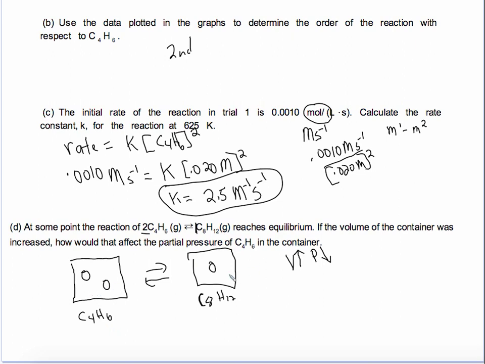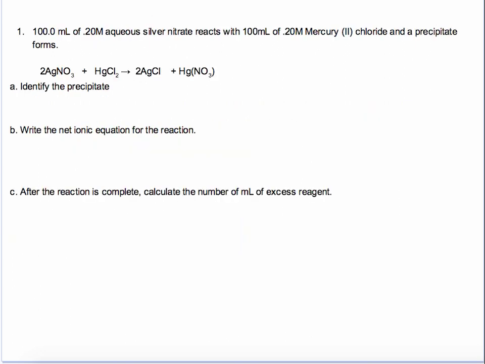Well, what causes more pressure? 2 moles of gas hitting the side of a container or 1 mole of gas? The answer is 2 moles of gas striking the side of the container. So this one's going to shift to the left, because if it shifts left, there will be more moles of gas to strike the sides of the container. All right?